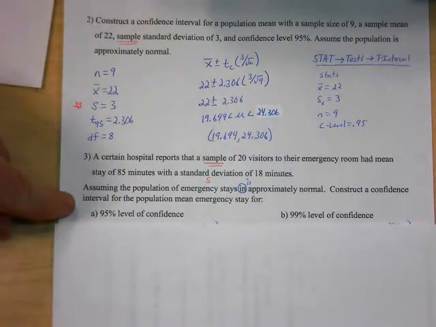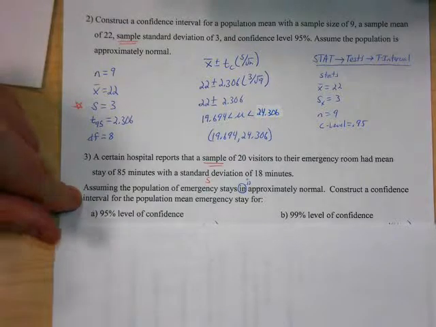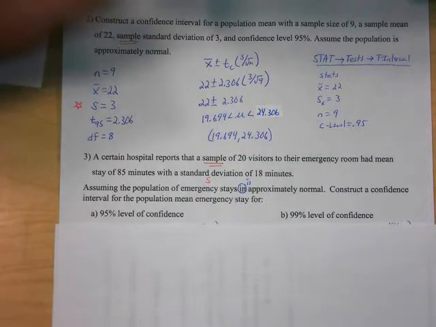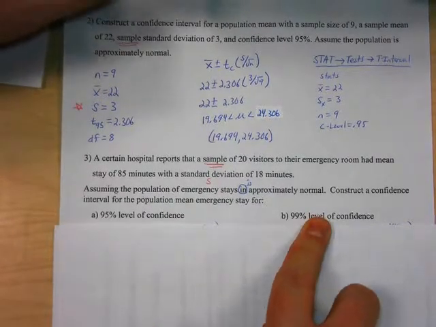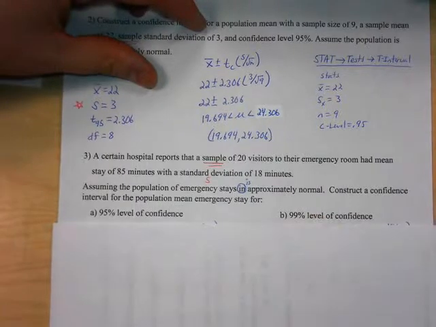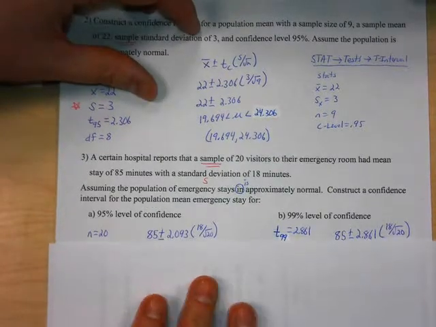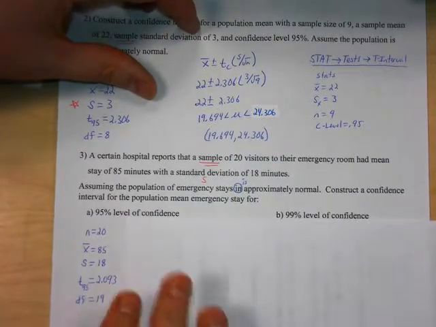Assuming the population of emergency stays is approximately normal, construct a confidence interval for the population mean emergency stay for a 95% level of confidence and then a 99%. I think you could probably do this now. It's a matter of plugging and chugging into the formula.